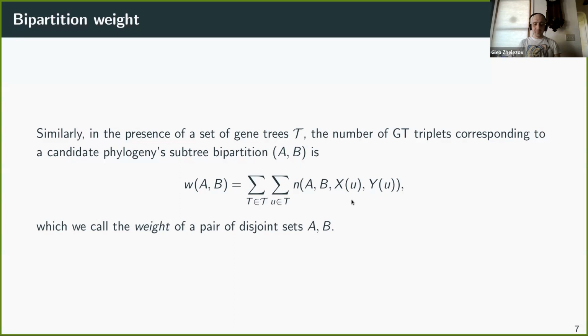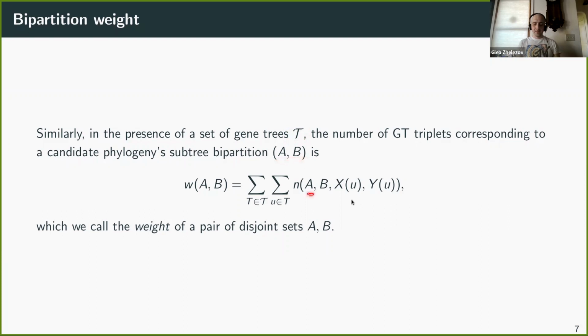So in the presence of a set of gene trees, this curly T, the number of gene tree triplets corresponding to a candidate phylogeny's subtree bipartition AB would just be this number, right?